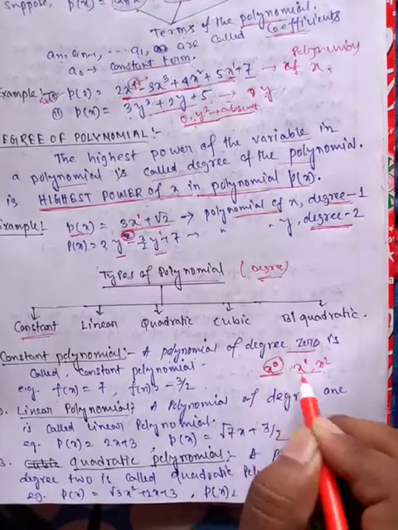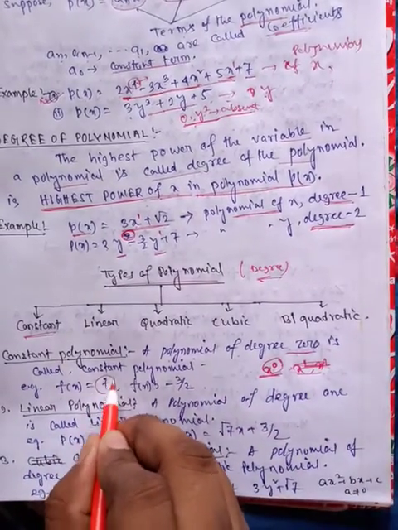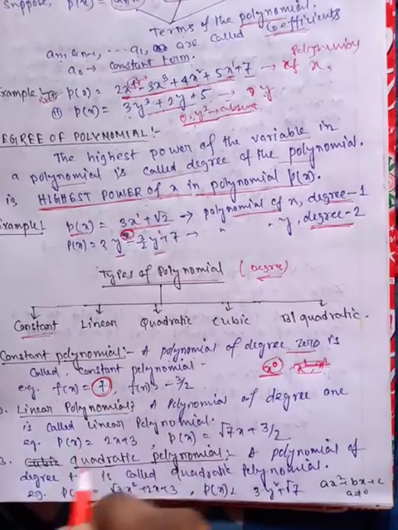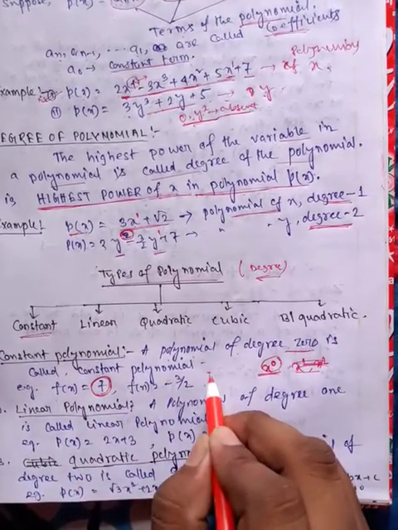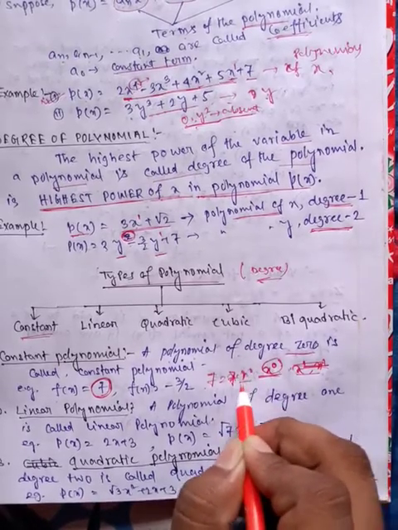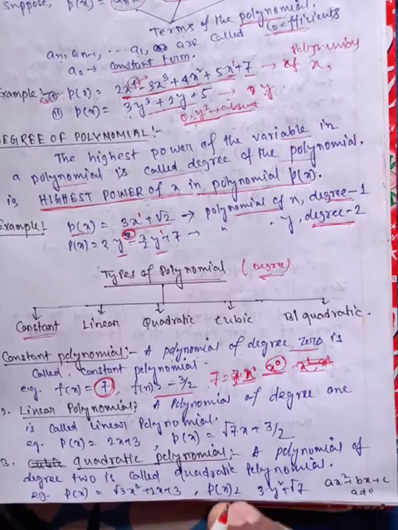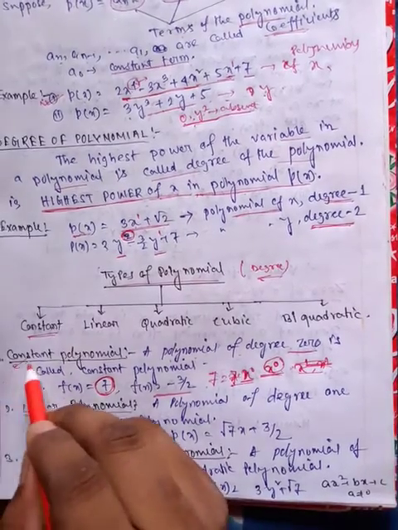So the maximum power is 0, which means it contains only the constant term. Okay. So you can write 7 equal to 7 into x to the power 0. That's why these polynomials are called constant polynomials. If the degree is 0, then it is a constant polynomial.